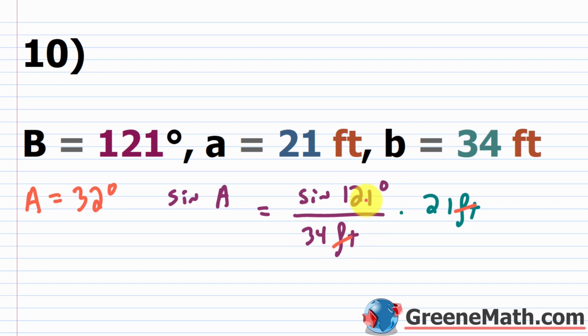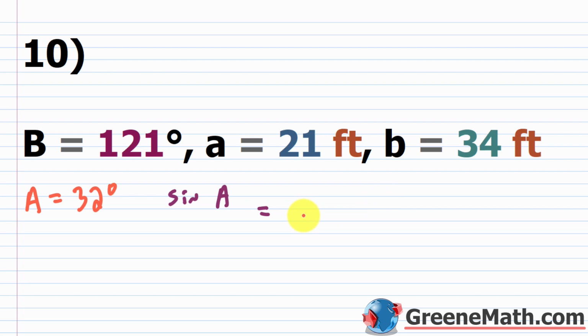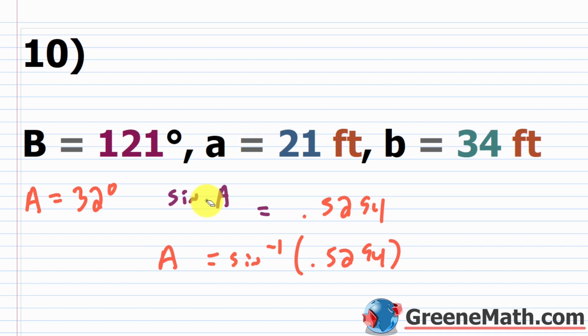If you're having trouble typing that into your calculator, you can just go slower. The first step is just to calculate the sine of A, and that would have been about 0.5294. Let me write this out in case you're lost. Then if you take sine inverse of this value, 0.5294, that's going to give you an approximate measure for your angle A. So let's key this into the calculator.